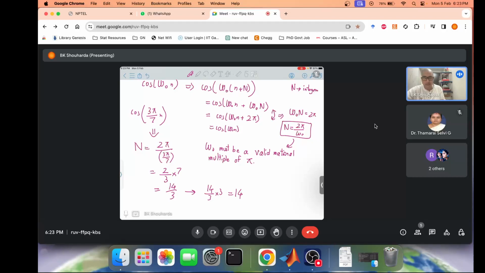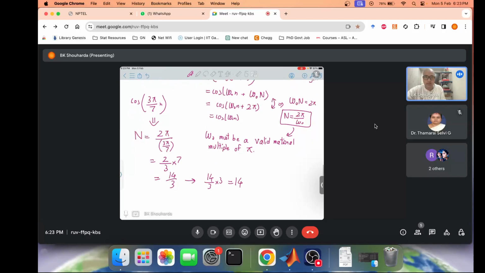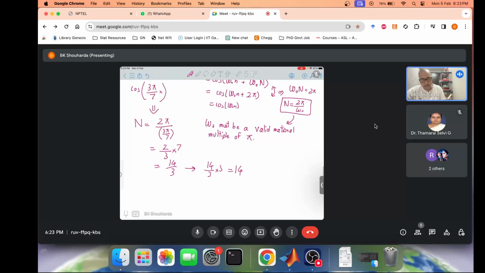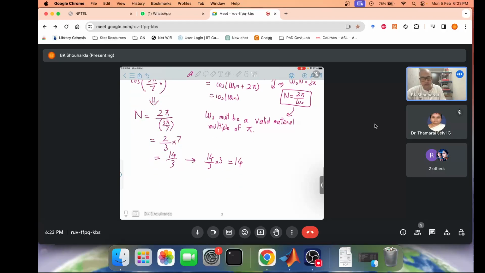So 14 is the time period. Let me verify: cos(3 pi by 7 (n plus 14)) adds 7 times 2 is 14, so 6 pi, which is 3 multiples of 2 pi, so it's still the same.